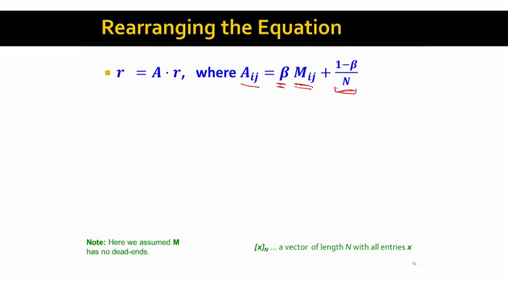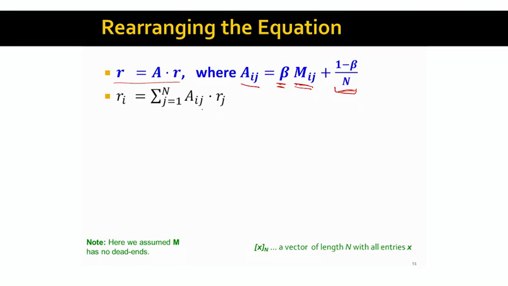So now that we have this, let's unpack our PageRank equation. If we unpack this equation, what we are saying is that entry i of the rank vector r is simply a summation over the j's, where j ranges from 1 to n, of A_ij times r_j, right?